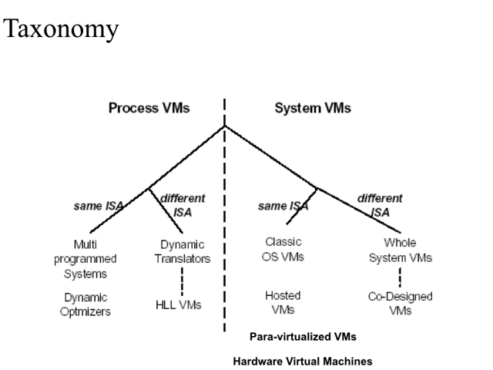Under different ISA process VMs, we have dynamic binary translators, and high-level language virtual machines. And under same ISA system VMs, we have type 1 classical VMs and type 2 hosted VMs, then para-virtualized VMs, and something called hardware virtual machines, which we did not discuss in this lecture. Under different ISA system VMs, we have either whole system VMs or co-designed VMs.